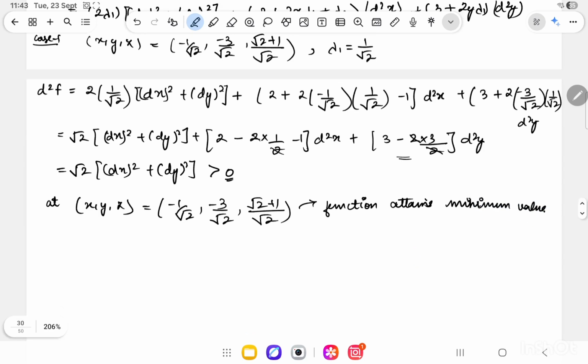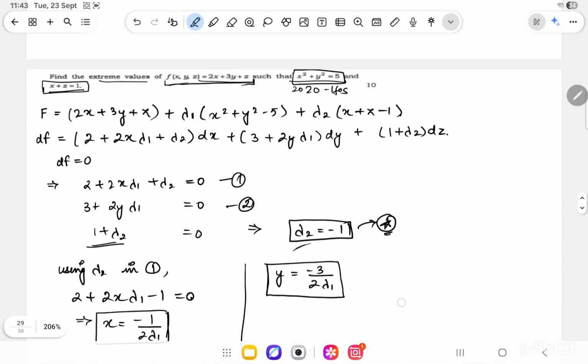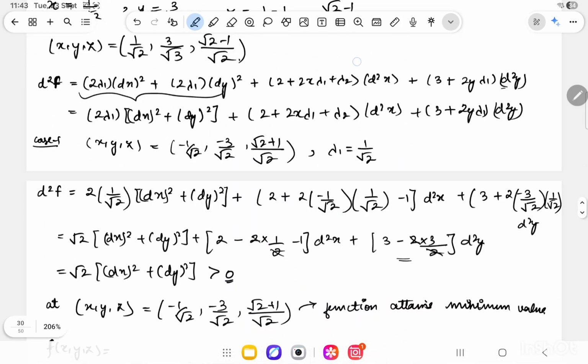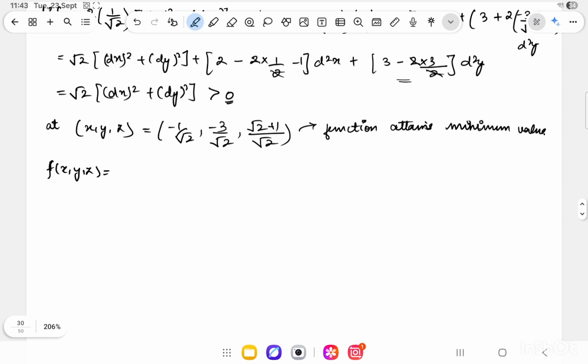And that value will be basically small f(x,y,z), my small f function is basically 2x plus 3y plus z. So 2x plus 3y plus z will be minus 2 by root 2 minus 9 by root 2 plus root 2 plus 1 by root 2.